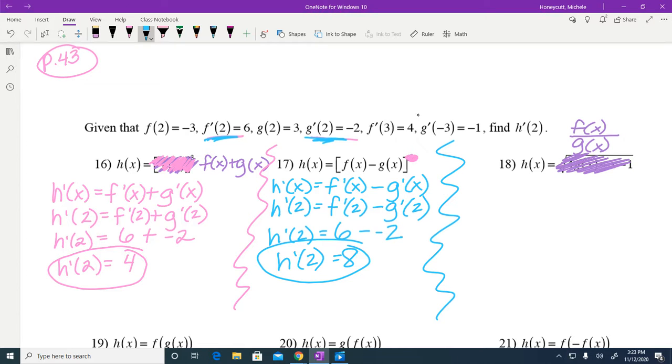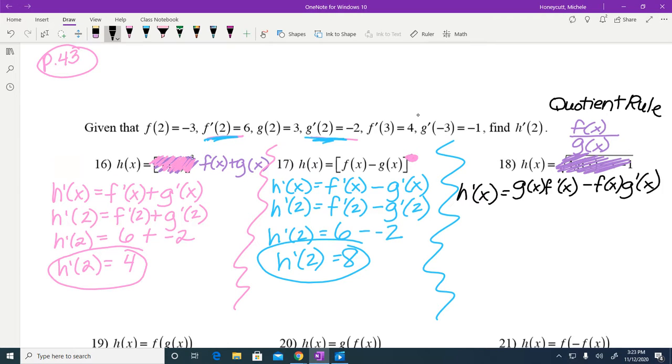Then number 18, I'm finding the derivative of two functions being divided. If I want to find the derivative of two functions being divided, then I need to use the quotient rule, because that is a quotient. So h prime of x equals the low, which is g, times the derivative of the high, f prime, minus the high, f, times the derivative of the low, g prime, all over low, or all over g of x squared.